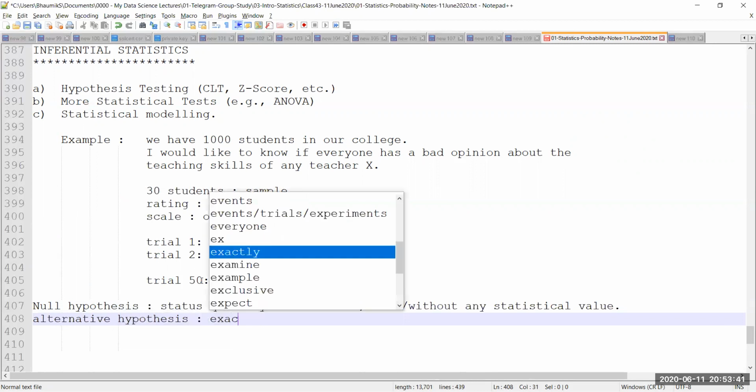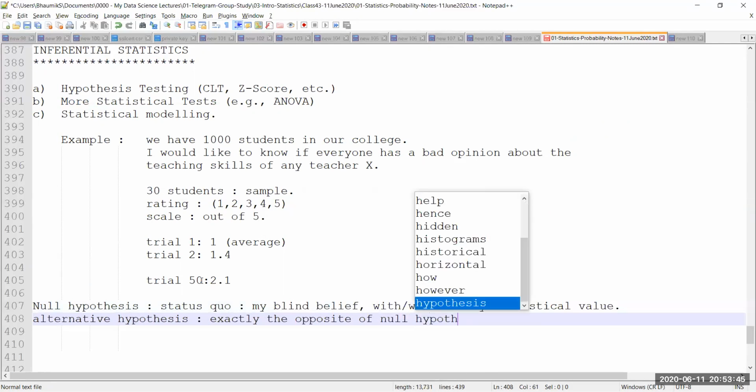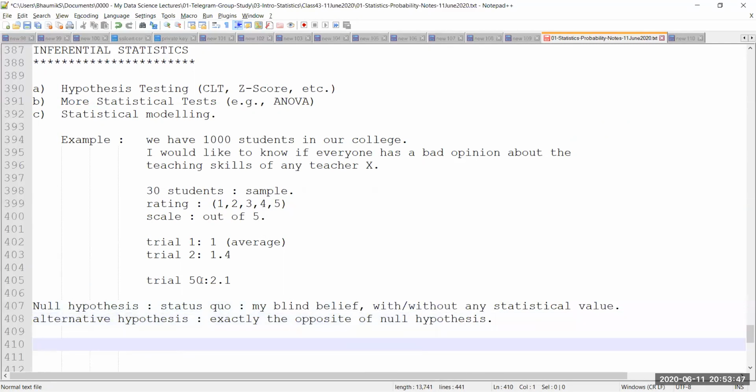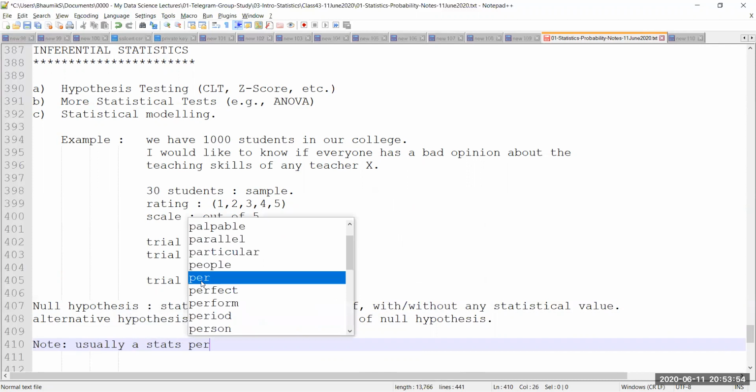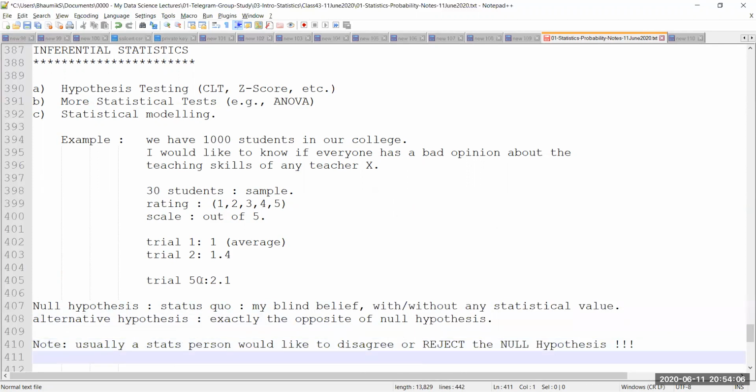This is exactly the opposite of the null hypothesis. Usually, just a friendly note, a stats person would like to disagree, or a very important term, reject the null hypothesis. This is the aim. Either he or she is going to succeed or they are going to fail.